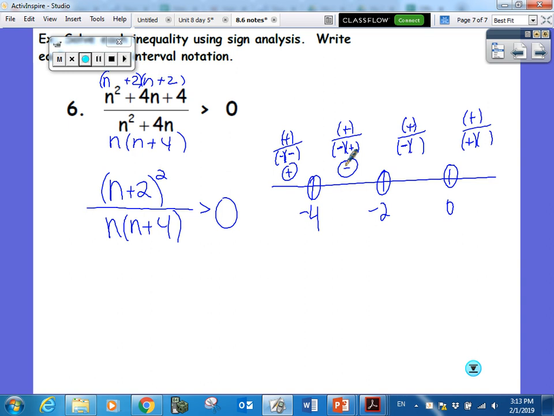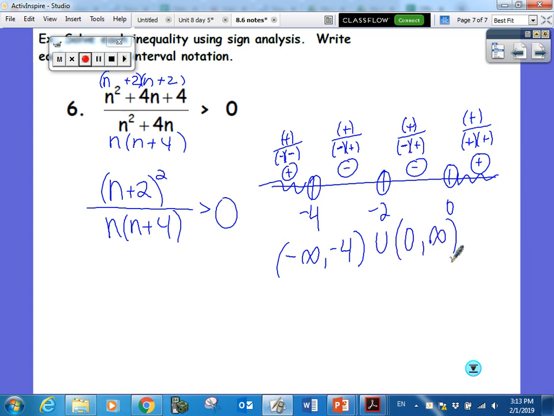So we got negative. -1 plus 4 is positive, so we've got a negative. And 10 plus 4 is positive, so we have a positive. And we want greater than 0, so there's that section right there. -infinity to -4, parenthesis, union, 0 to infinity.